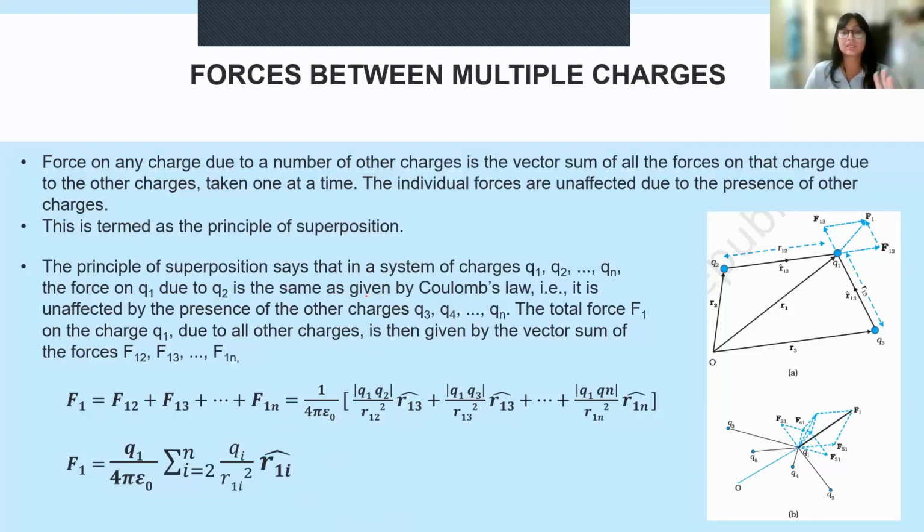Now when we are considering a system, there are going to be a number of other charges. Since we saw that even the electric force is a vector quantity, the force on any charge due to a number of other charges is the vector sum of all the forces on that charge due to the other charges, taken one at a time. The individual forces are unaffected due to the presence of other charges.